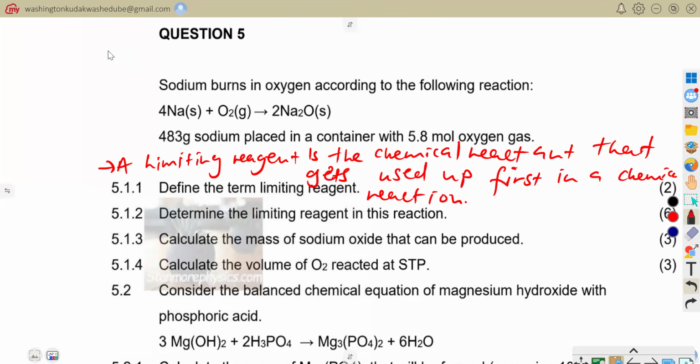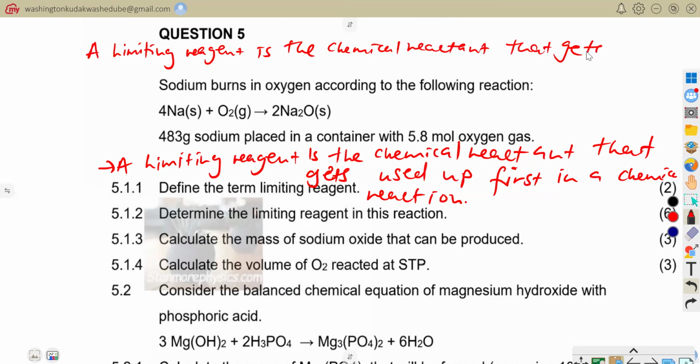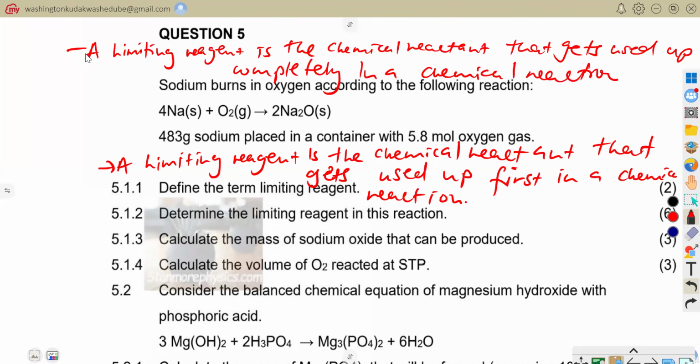Or else you could say a limiting reagent is the chemical reactant that gets used up completely in a chemical reaction. So a reactant that gets used up completely in a chemical reaction becomes the limiting reagent.